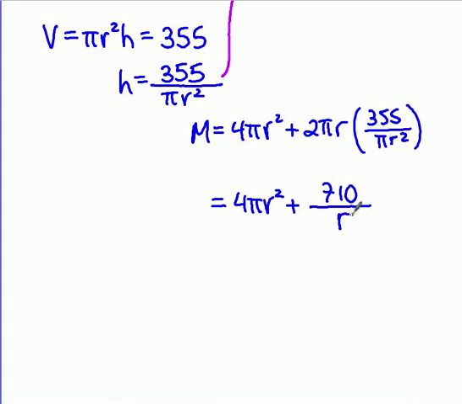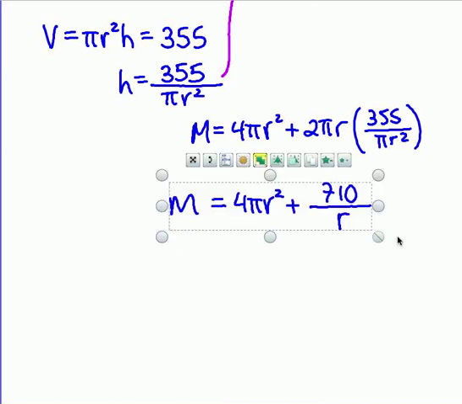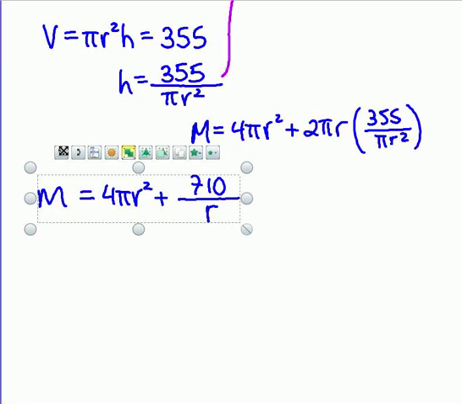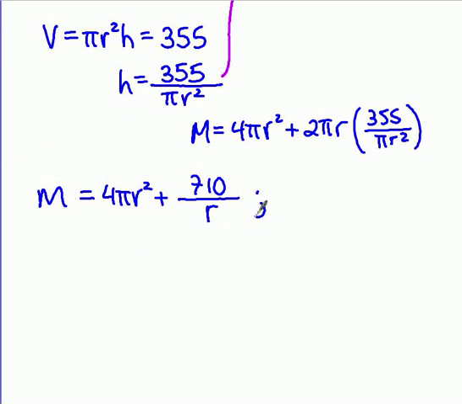And so we're left with M equals 4 pi r squared plus 710 over r. And we're going to need to consider the domain of this equation. And so we say the domain of M is, the variable I'm working with here will be r.